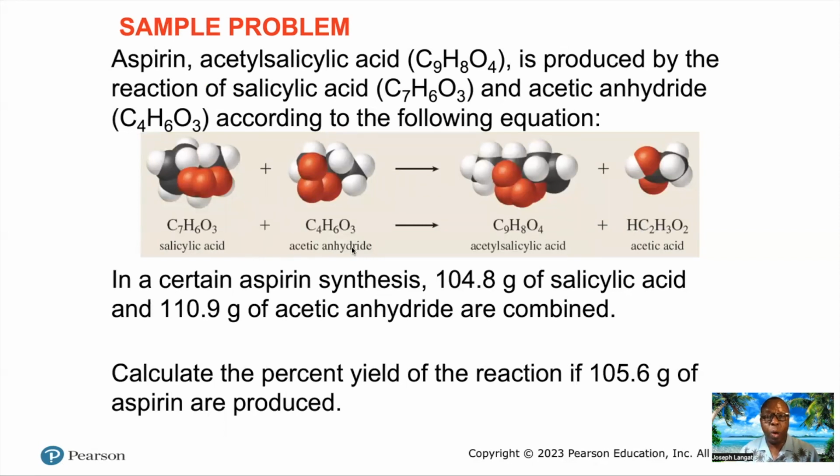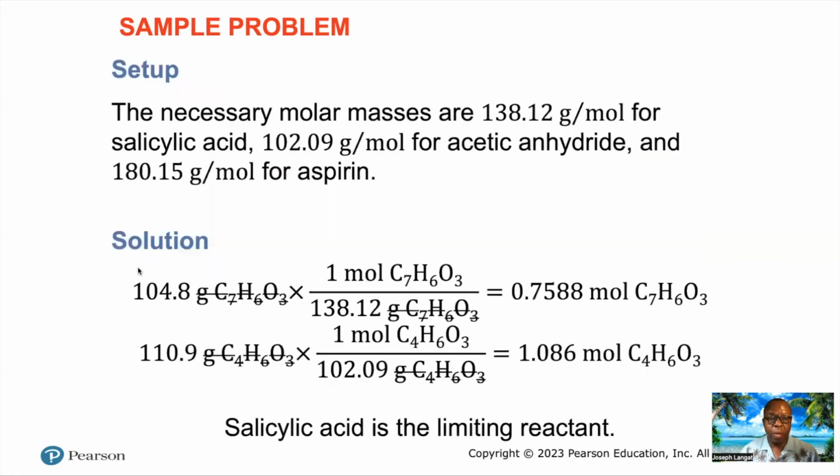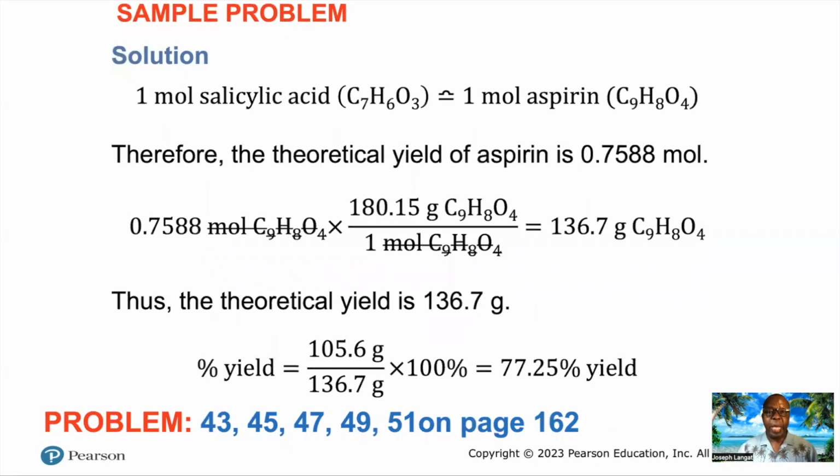So the ratio here is 1 to 1. And that is why we are saying here, if we're starting with this and we're starting with this, the mole ratio is 1 to 1. This is the limiting reagent. And this will be the number of moles of the desired product, which we can use the molar mass to find the theoretical yield.